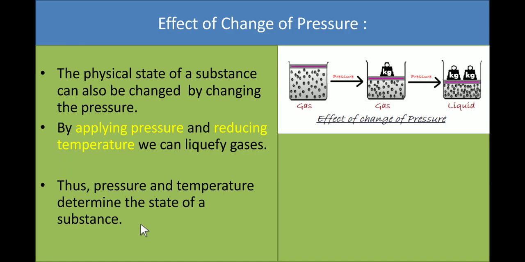We cannot express the state of a substance absolutely. For example, wax is a solid, but it is solid under normal temperature and pressure. If we heat it to around 60 to 70 degrees, it will melt. It will be liquid.